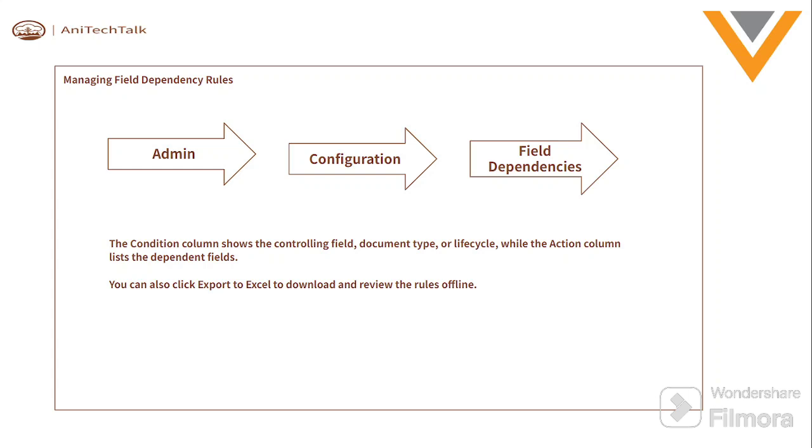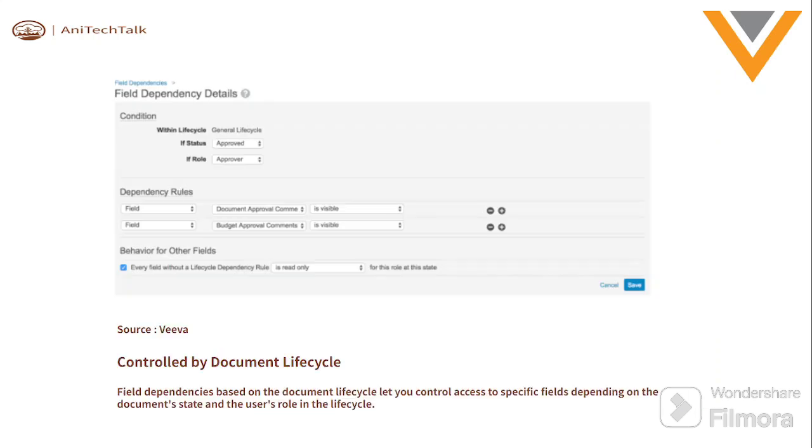When you open field dependencies, you can also see the export option. Once you export the field dependency rules in Excel format, you can review the rules offline for your information.